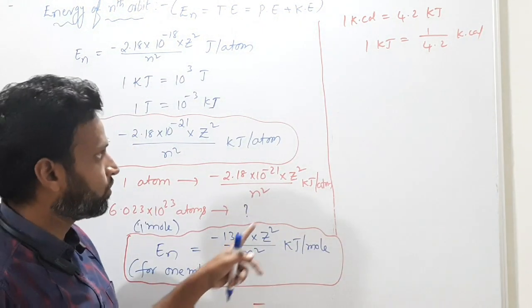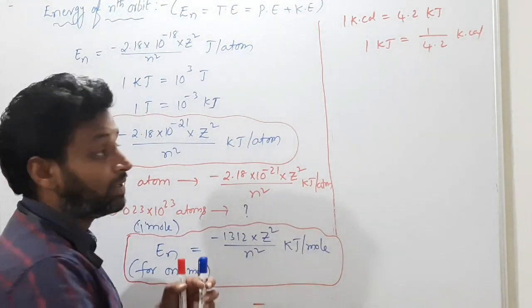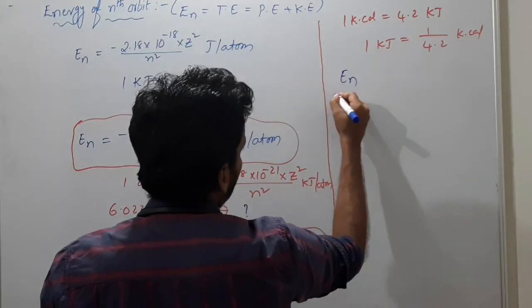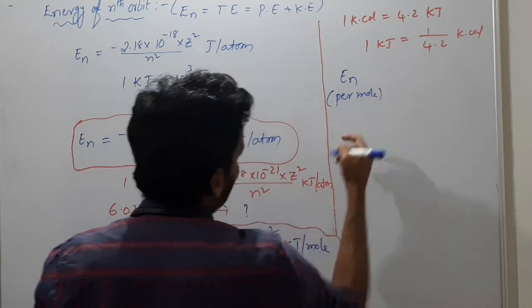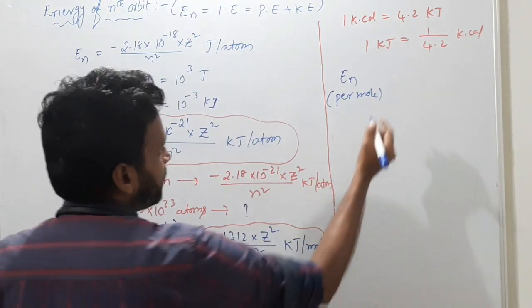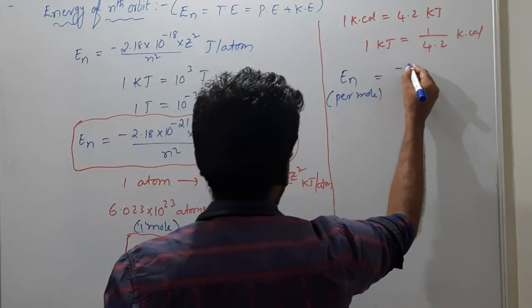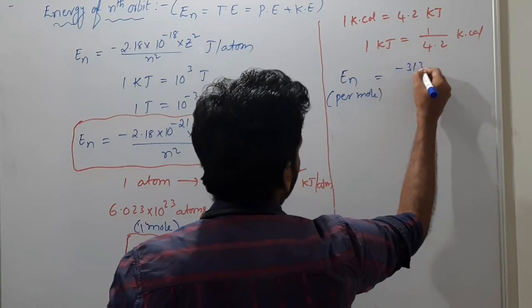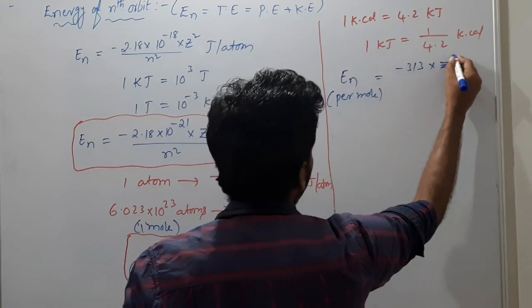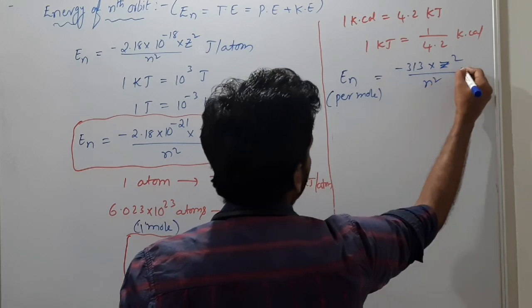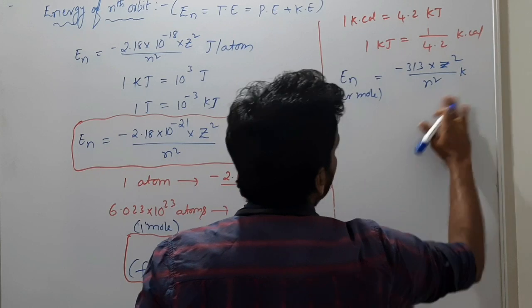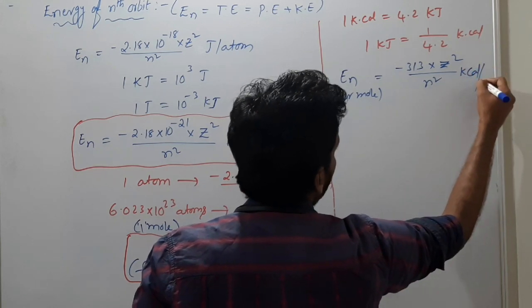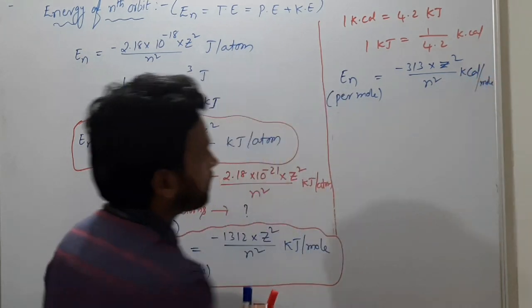Divide this formula by 4.2 so that you will get energy of nth orbit per mole, for 1 mole: minus 313 into Z square by n square. This is kilocalorie per mole. This is another formula.